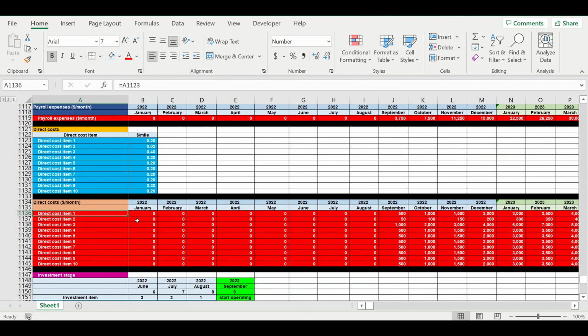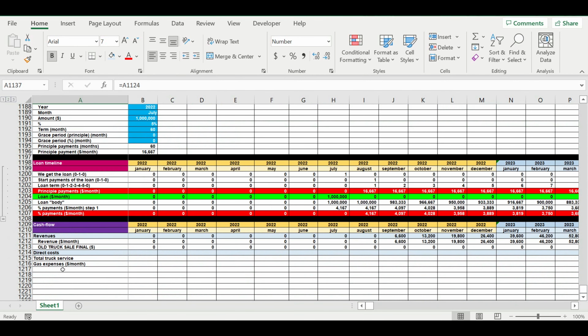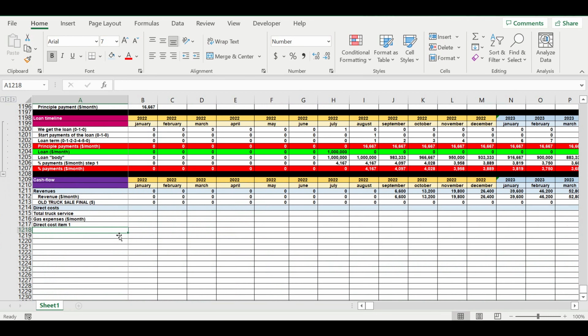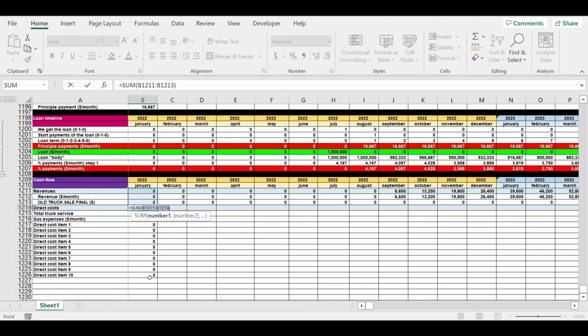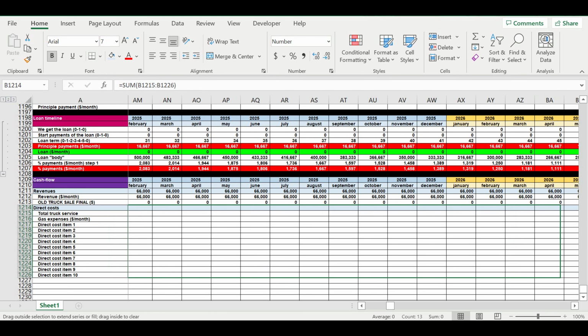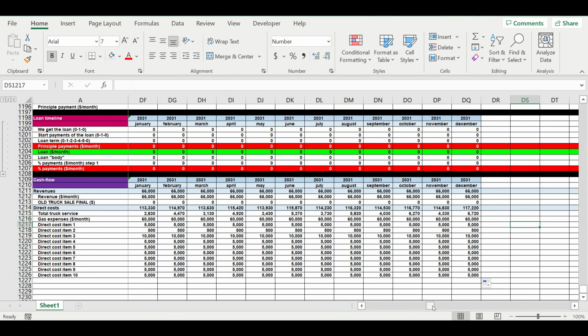Then we have other direct costs. So these are direct costs.